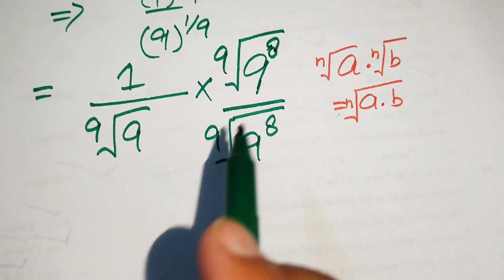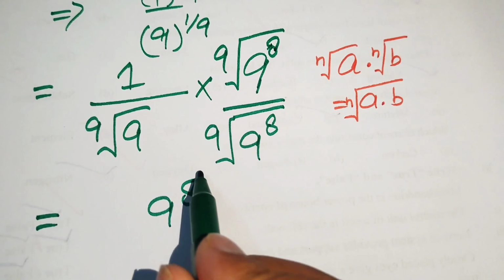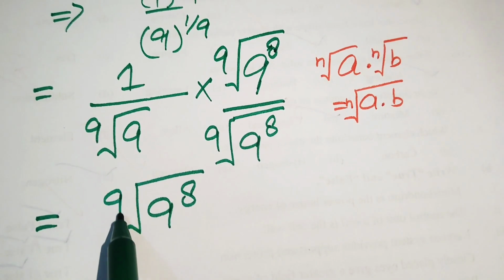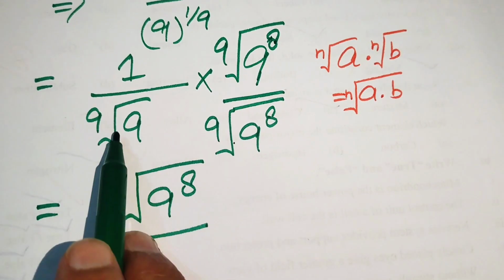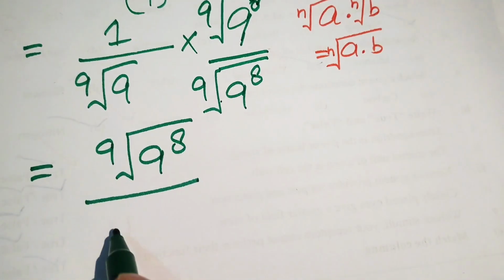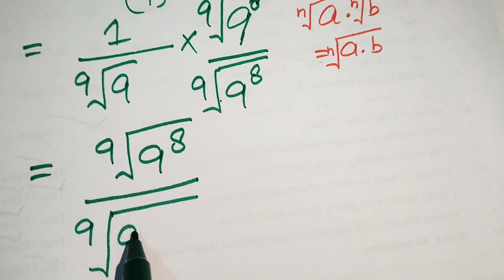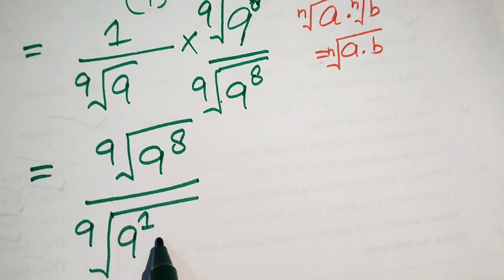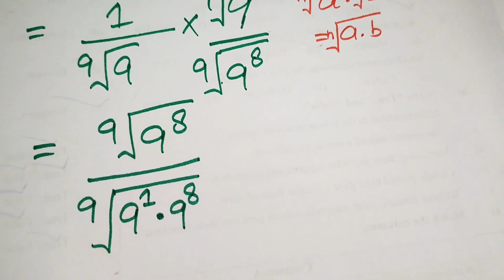So now our numerator is written as the ninth root of 9 to the power of 8, divided by, here we combine the ninth root of these two terms, the ninth root of 9 to the power of 1 multiplied by 9 to the power of 8.